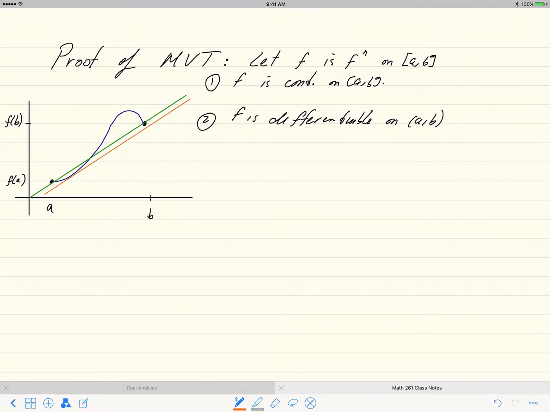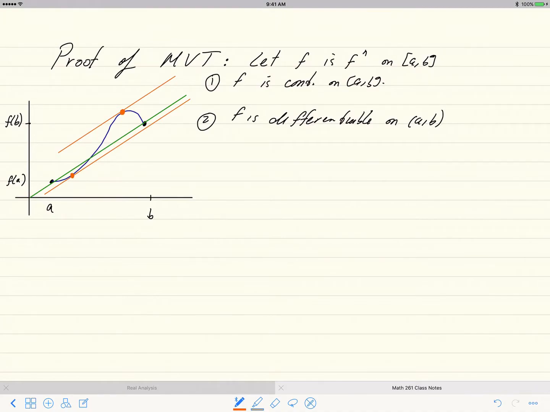Actually, there might be another one. If I'm really careful, I think I could do this here. There we go. So here there's actually two values, 2 points C, right here and right here, where f prime equals the slope of the secant. Slope of the tangent equals slope of the secant.